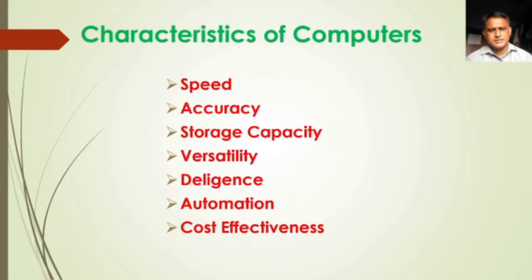Unlike human beings, whom you have to pay monthly wages for doing the job, the machine, once installed, never asks for a salary, and it does not cost much to maintain. So it is very cost effective to install a computer rather than carrying out the work manually. That is about the characteristics of computers.